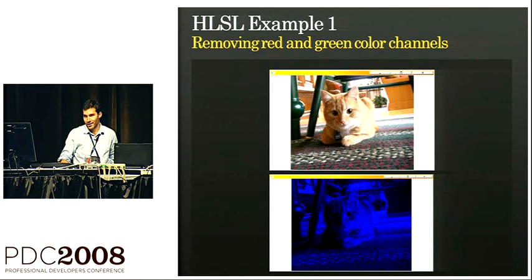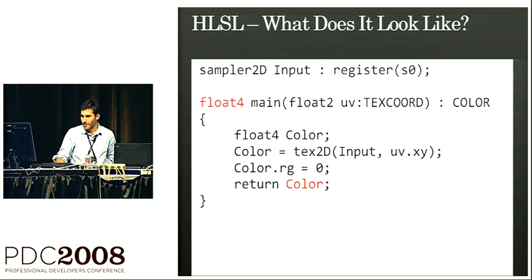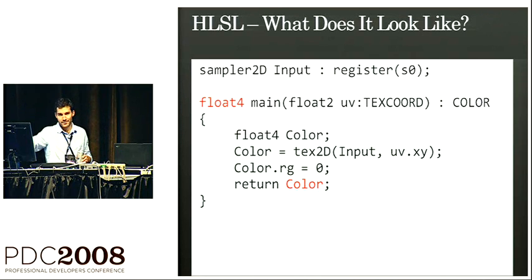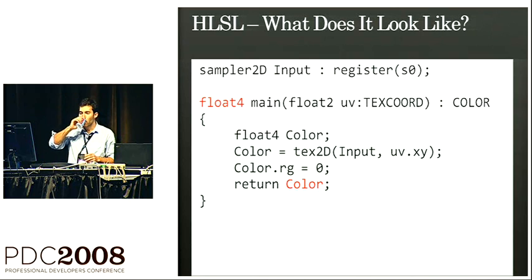So here's a very quick example of a very small shader program. It's just going to remove the red and green color channels from an image. That's it. It's very simple. You're just defining an input, your input sampler, which here is just called input. It's in the 0th index. And then you have this tiny little program.